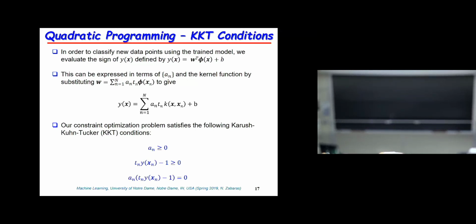You want to classify the point x to see what class it belongs to, so you compute this, and I'm claiming that this equation with these conditions does not require you to do the summation for all n's, only for some n's. So can you tell me, using these blue equations there, which n's are going to be needed for prediction?